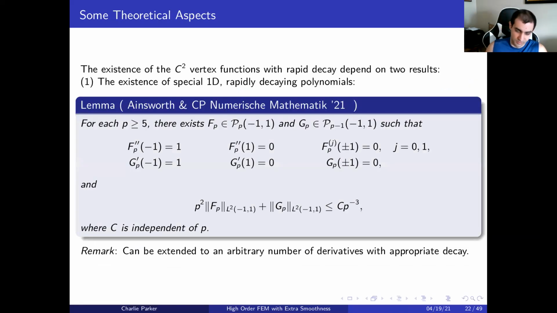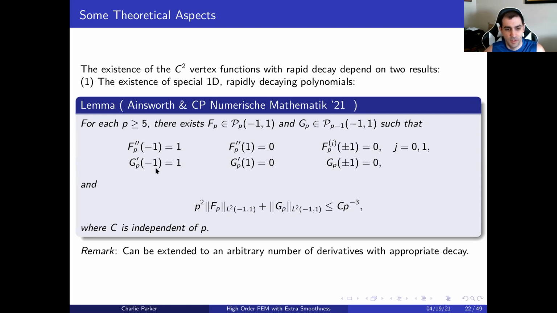Right, so some theoretical aspects which I won't go too much into, but there's basically two important components. The first is there are these special 1D polynomials that decay very rapidly. Essentially this function f interpolates the second derivative at the left endpoint. So all of its other derivatives of order less than 2 vanish at both endpoints, and its second derivative is 0 at the right endpoint.